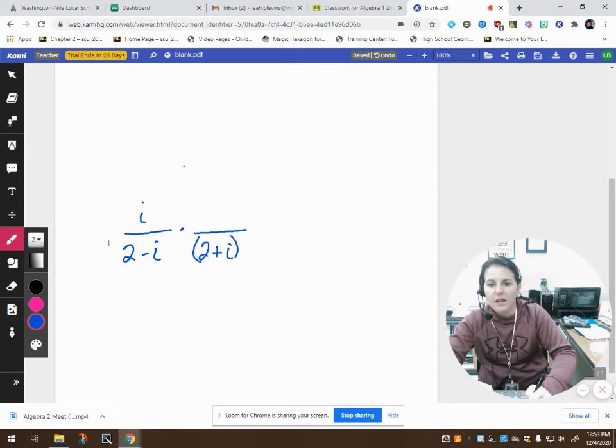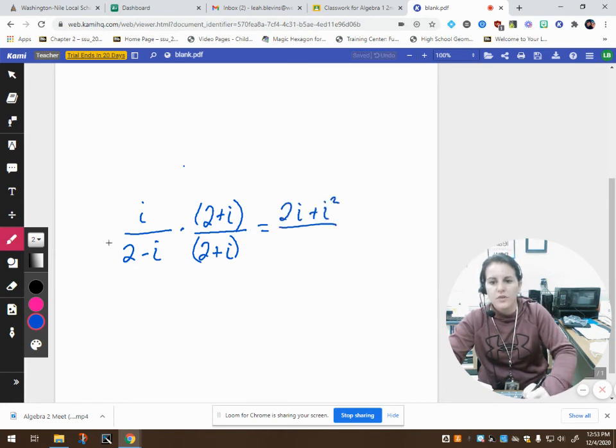I know that I've got to multiply by 1 or I'm not going to have the same thing. So I've got to multiply the top by 2 plus i. Now I can distribute: 2i plus i squared over 2 times 2 is 4. Then I'm going to have plus 2i minus 2i, which is gone, minus i squared.